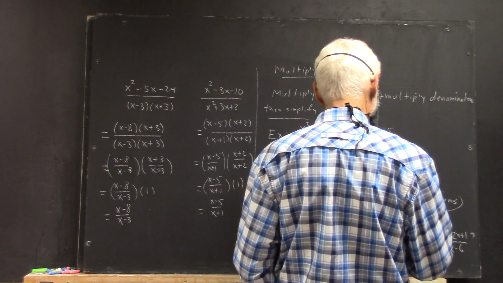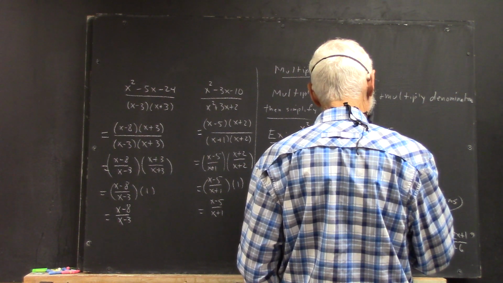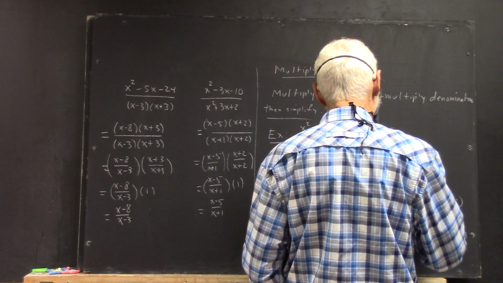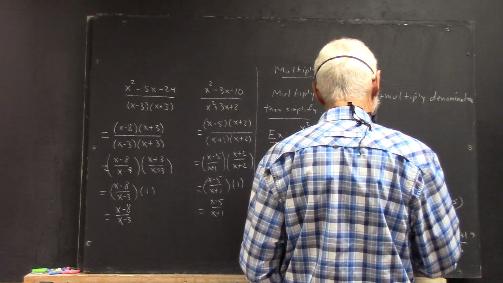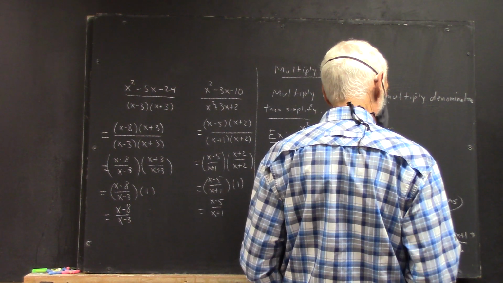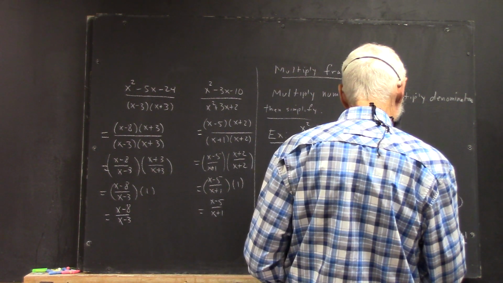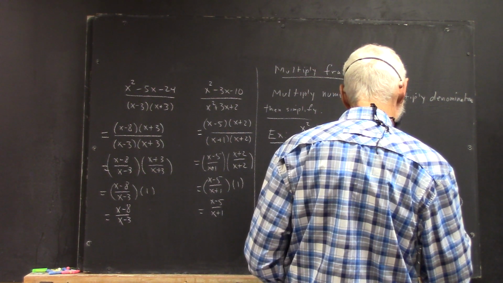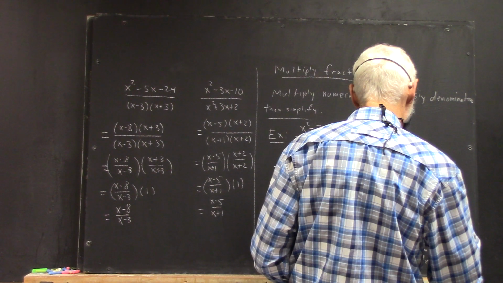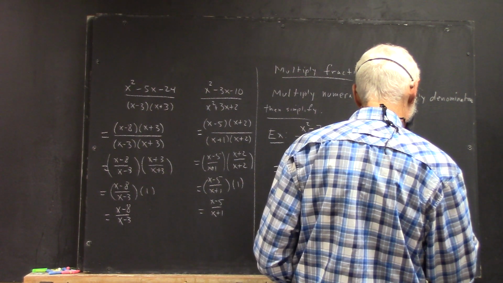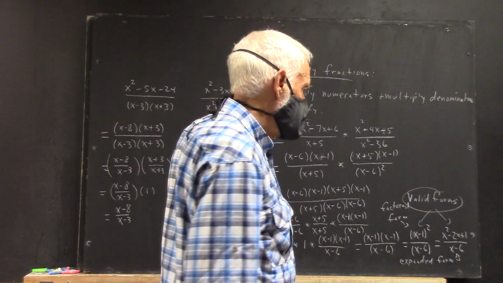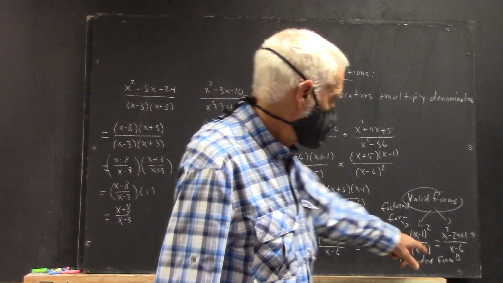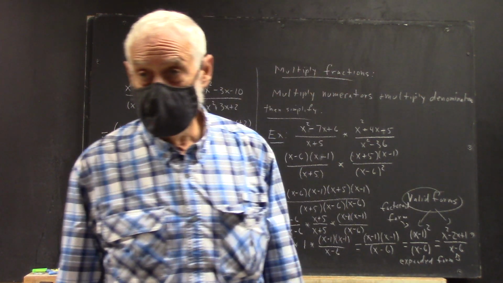So, got a factored form here and an expanded form. Here. That's a bad looking arrow, but that's right. Okay? Okay.